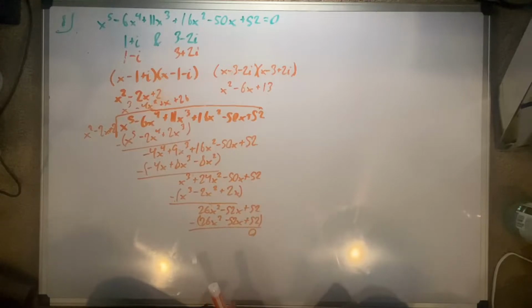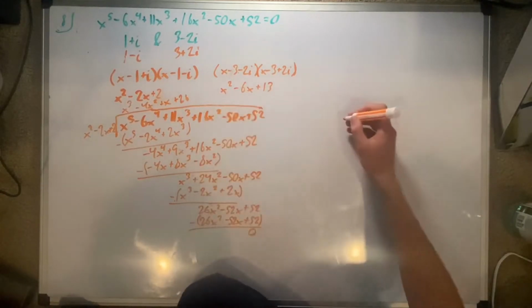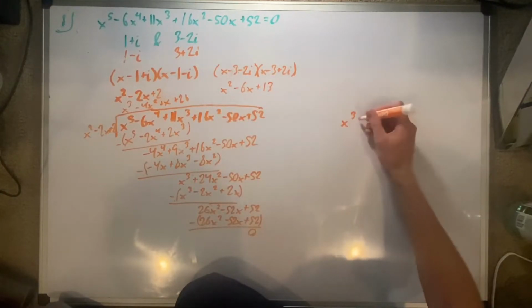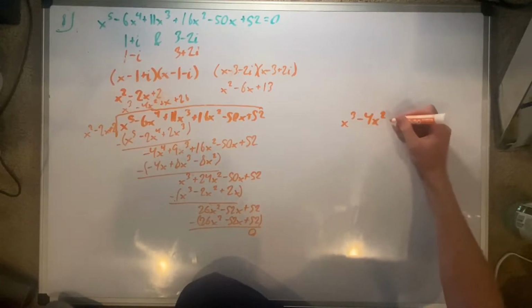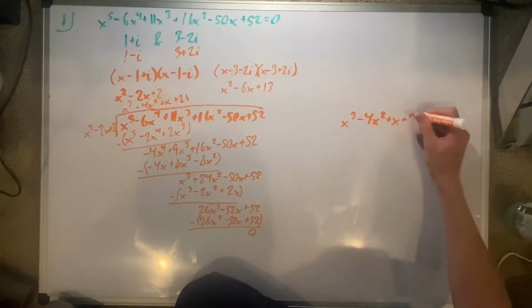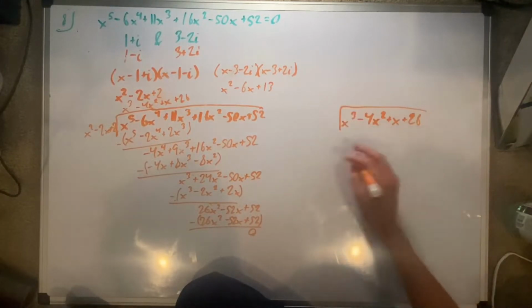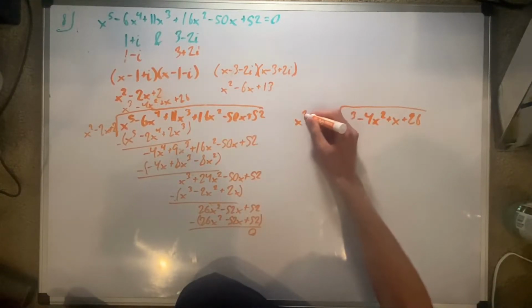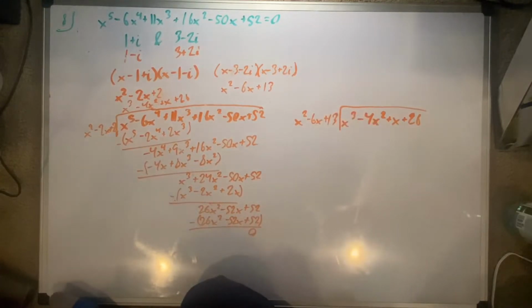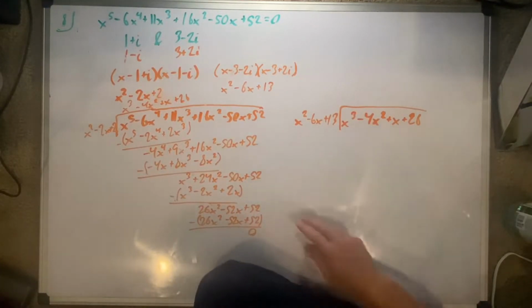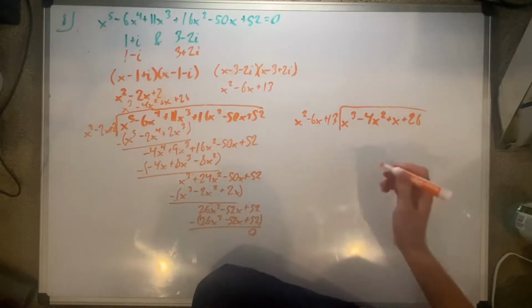So we know that we did our math right up here, and we know that this is what it is divided by. So let's pull this over here, and we'll go x cubed minus 4x squared plus x plus 26, all divided by this one here, x squared minus 6x plus 13, instead of having to just divide by this whole nonsense again.